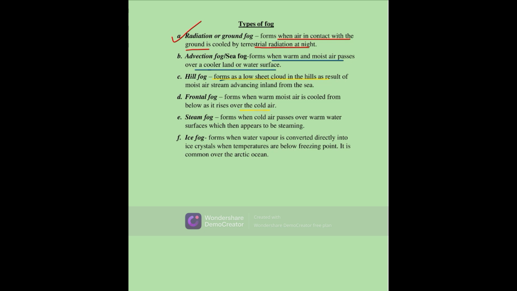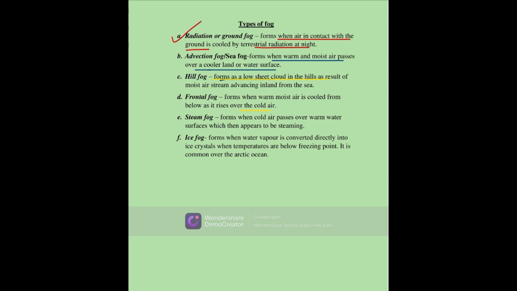When you talk about frontal, it is where the warm moist air comes into contact with cold air, and they meet at a certain region called the frontal region. That leads to formation of frontal fog or frontal rainfall or cyclonic.